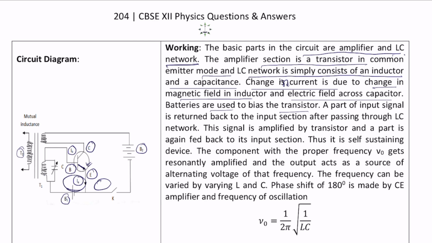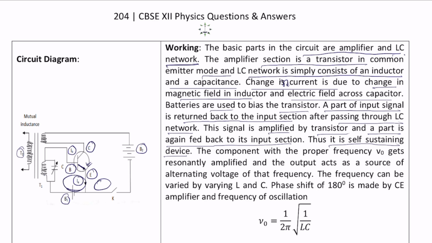Now a part of the output signal is returned back to the input section after passing through the LC network. This is called feedback. This signal is amplified by the transistor and a part is again fed back to the input section. Thus, it is a self-sustaining device. Self-sustaining means the output is fed back to the input circuit. That is why it has a continuous flow.